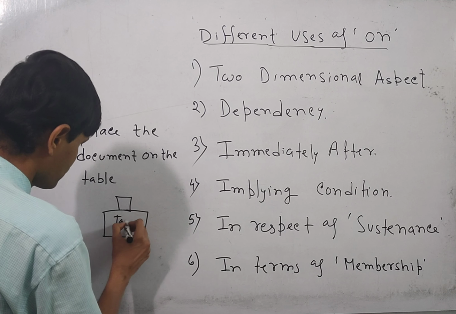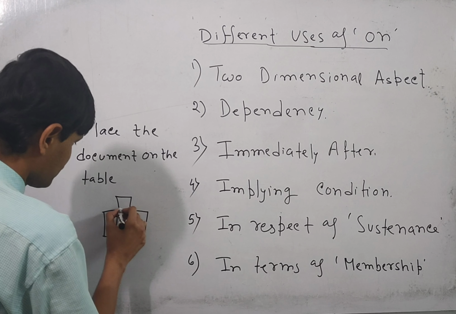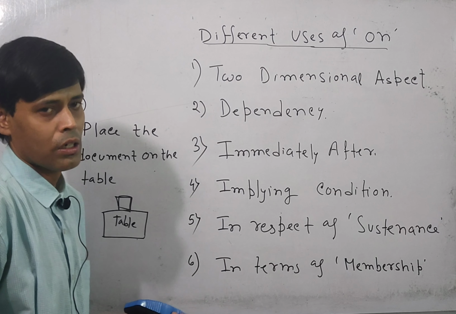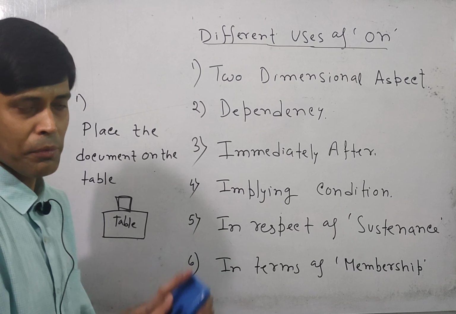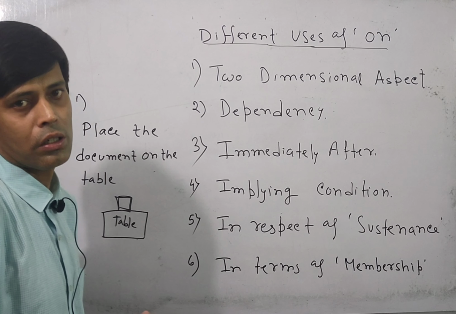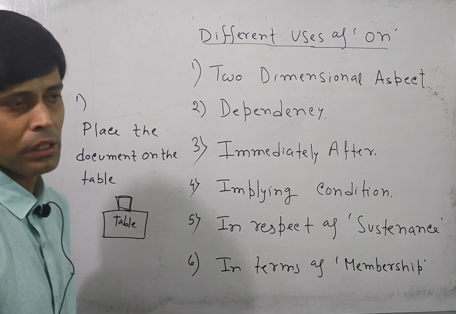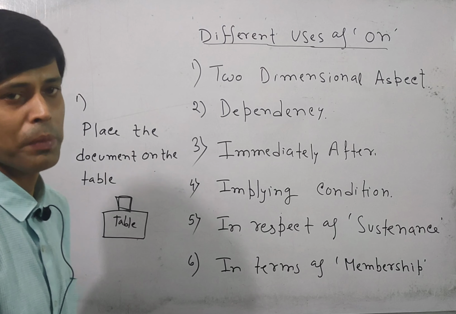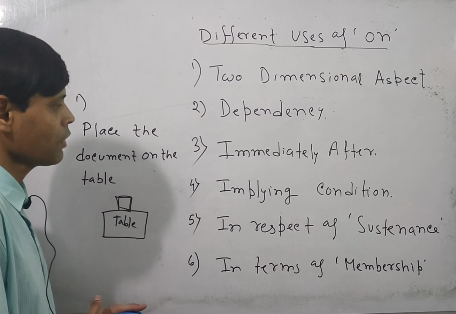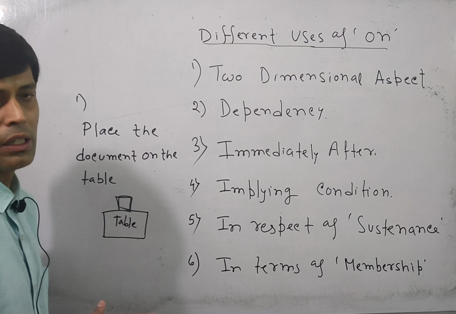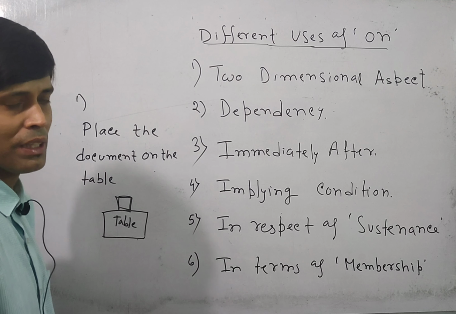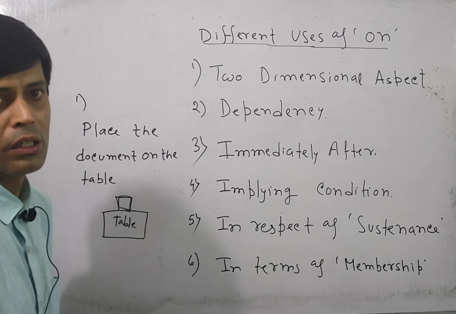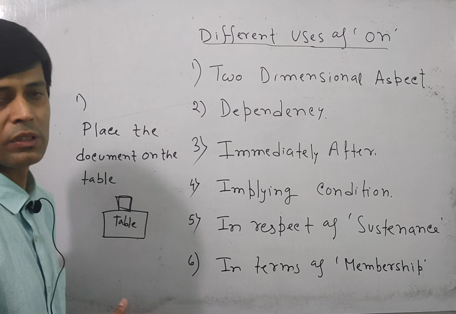Suppose this is the table and this is the surface. Now think about the dimension of the surface, not about the overall dimension of the table. Just think about the dimension of the table on which the object is placed or kept. Automatically, whenever some object is there, it has 2 dimensions. What is that? Length and breadth, because the surface of the table does not have any other dimension.